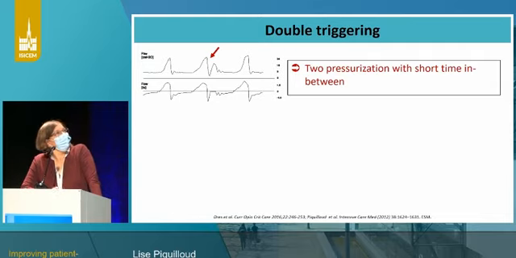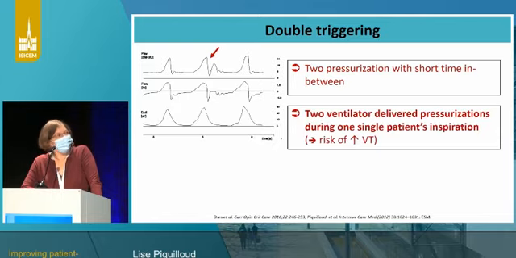Double triggering is when you have two pressurizations with a short time between the two that occurs during one inspiratory effort. This is easier to see here when you have airway, flow, and electrical activity of the diaphragm, which is the respiratory drive.